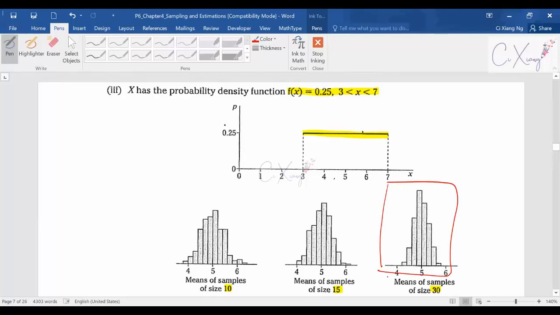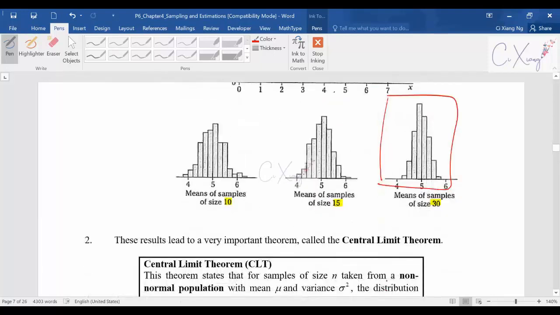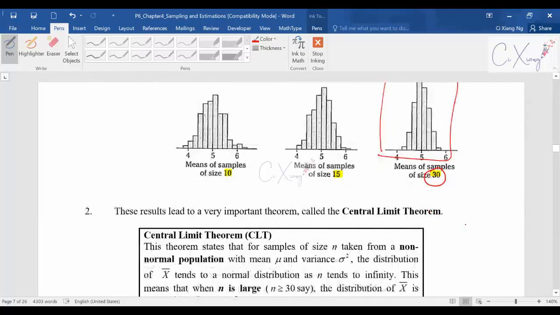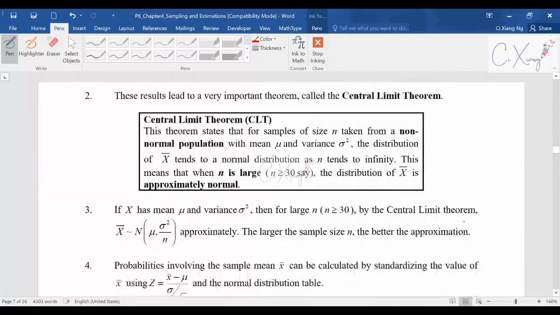From a lot of experiments they carried out, observing all the graphs from different experiments, they realize that at n equals 30, more or less, the sample mean will look like a normal graph. So from all the experiments and observations that they get, they come out with this important theorem or property, which we call a theorem.